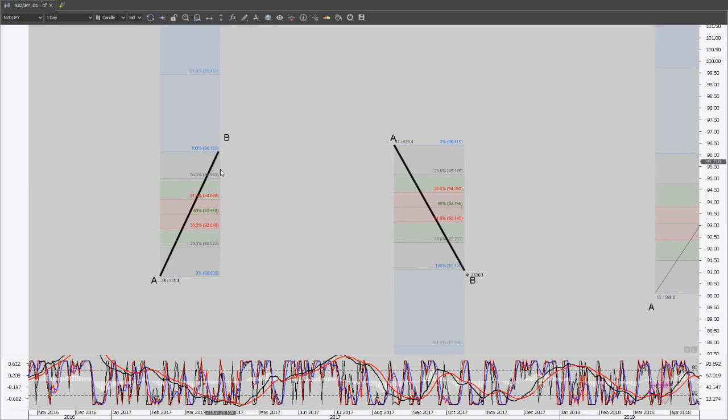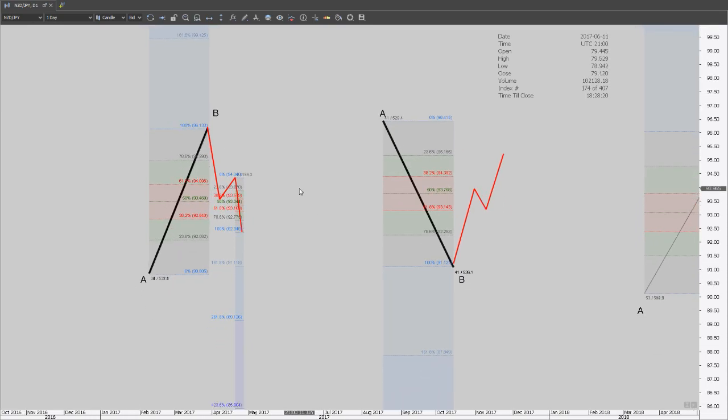Now, we said that the best entries inside the AB boundary are where we can find the so-called conformity, right? So we should have another contrarian Fibonacci like this, and don't bother with numbers, everybody.